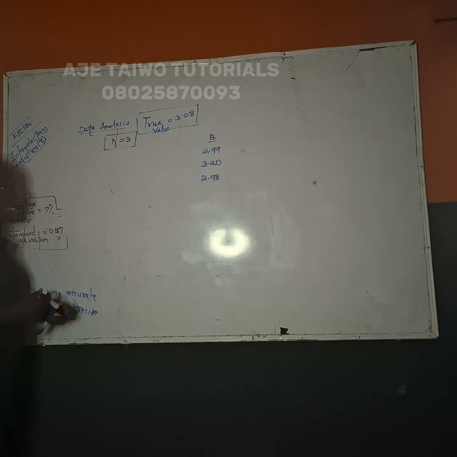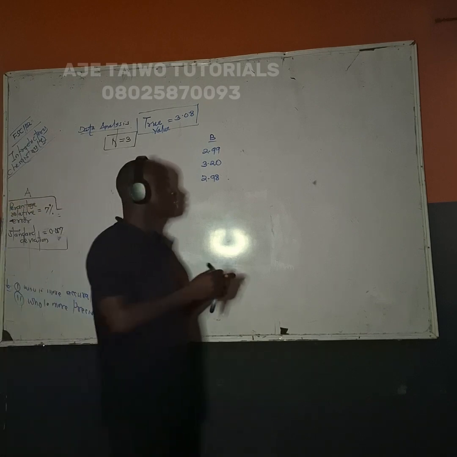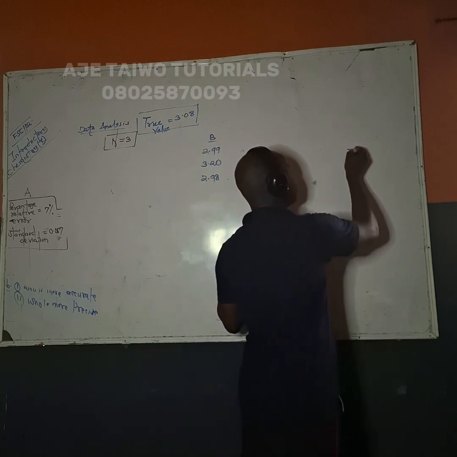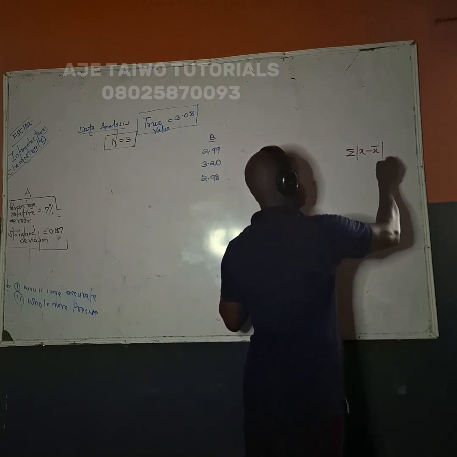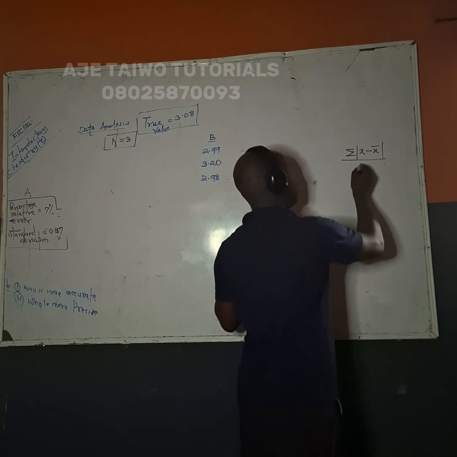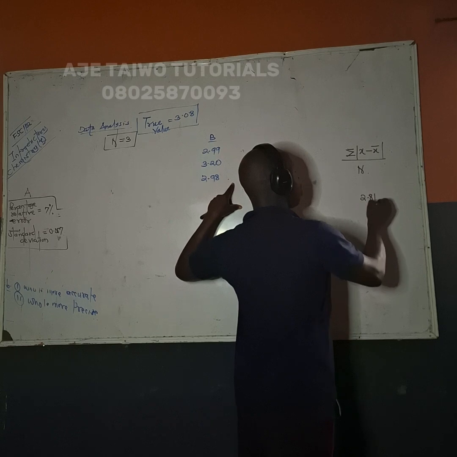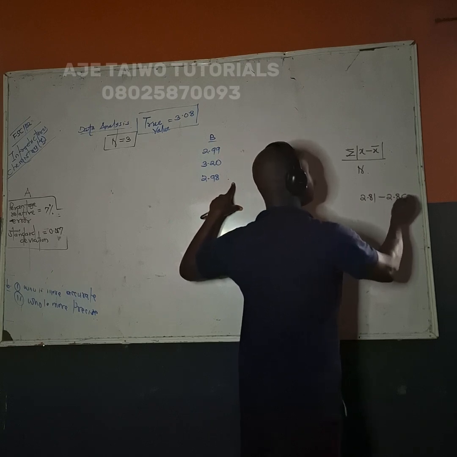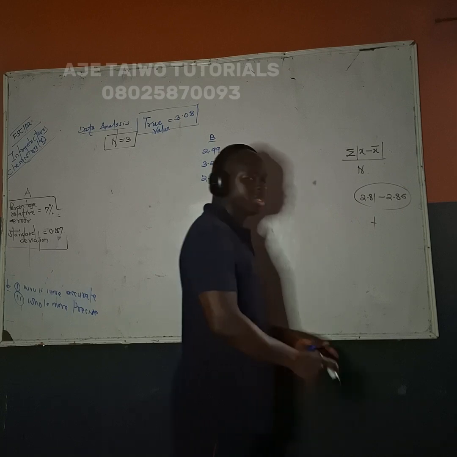No, you can't get minus. Everything you do here must be absolute. We say summation of x minus x bar all over n. If I gave you 2.81 minus 2.86, you must report this answer as plus, even though it is minus.